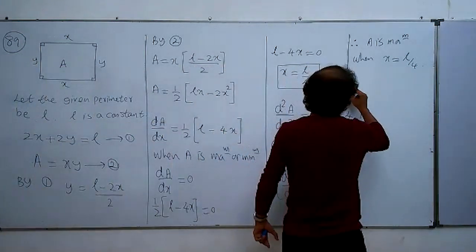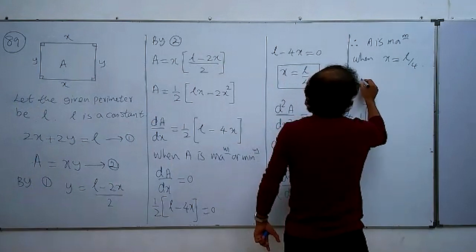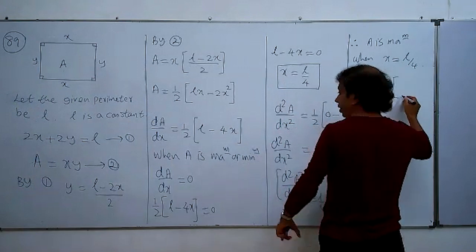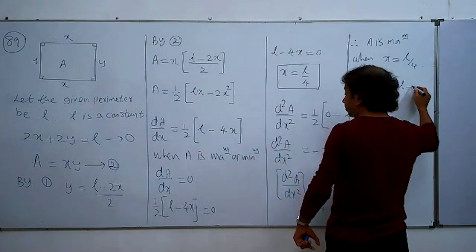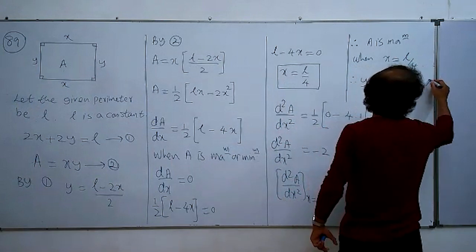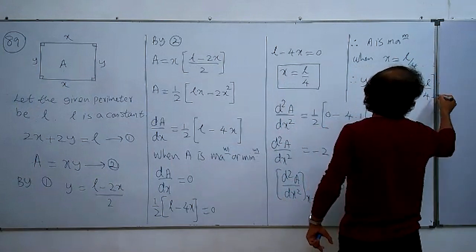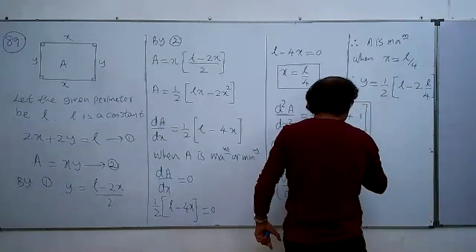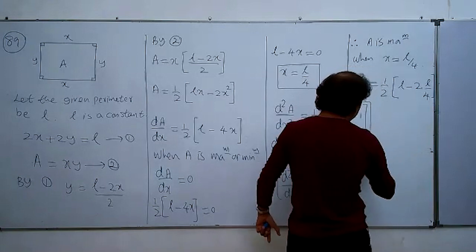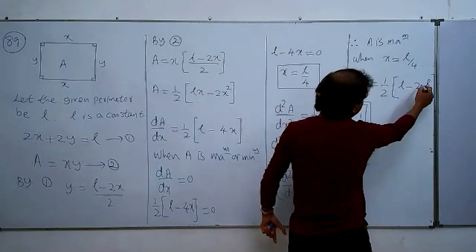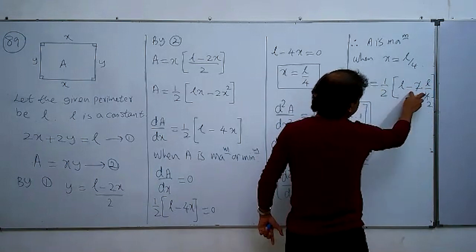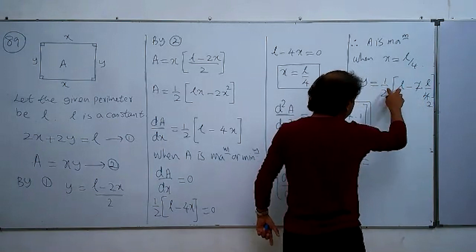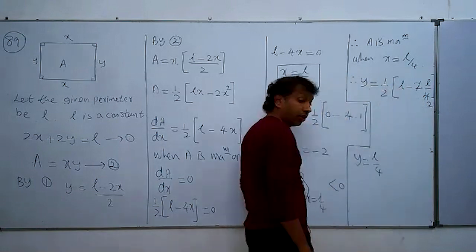Once you find this, y will be, I take this 2 like this, as half of L minus 2 times x, L by 4. Okay, then what do you get there? Y. Here, this and this you can cancel down. L minus L by 2, people, is L by 2. Within the bracket we have L by 2 multiplied by half, which means, people, L by 4. Y is also L by 4.